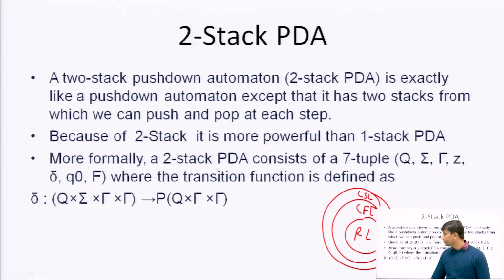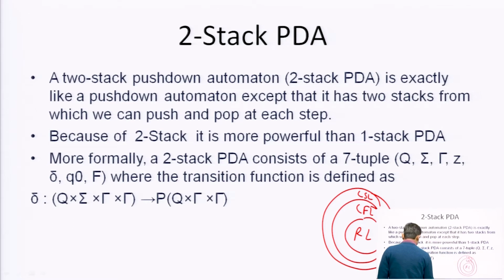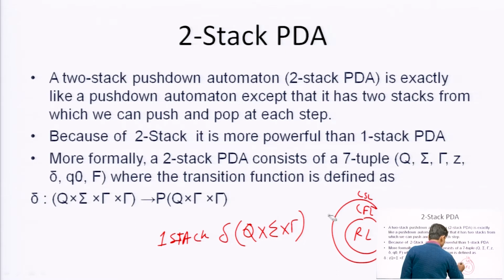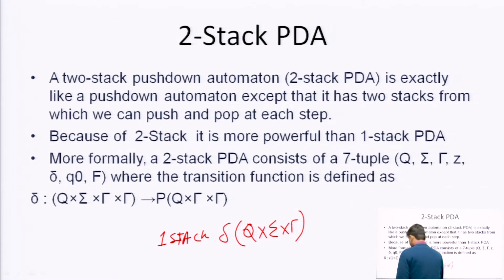What was the one stack push down automata transition? In one stack push down automata, the transition is from Q, input alphabet, and tau, to P of Q and stack.